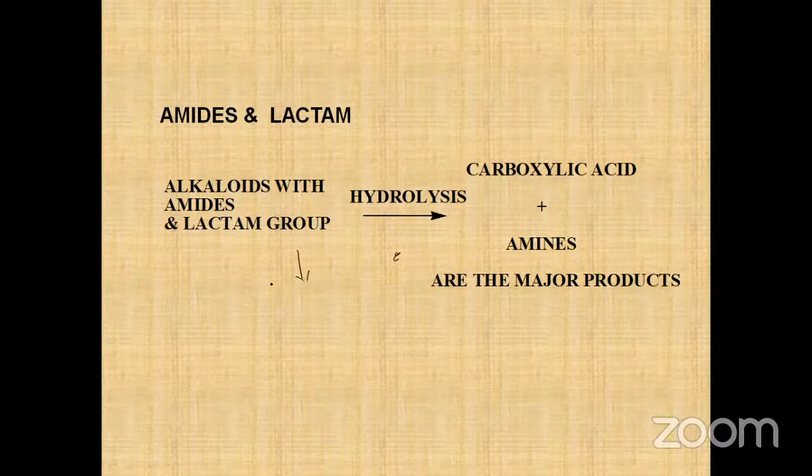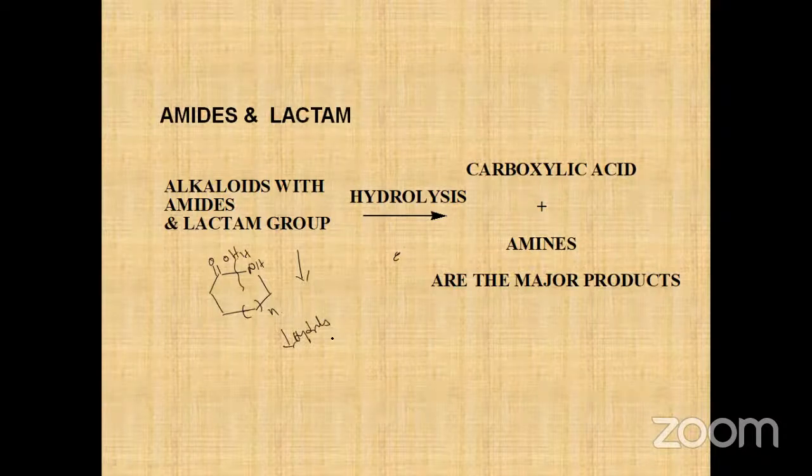Whenever you are considering a lactam, suppose this is the lactam. I'm taking this as the lactam with N. Now, whenever you subject it to hydrolysis, the hydrogen is added here, the OH is added here.